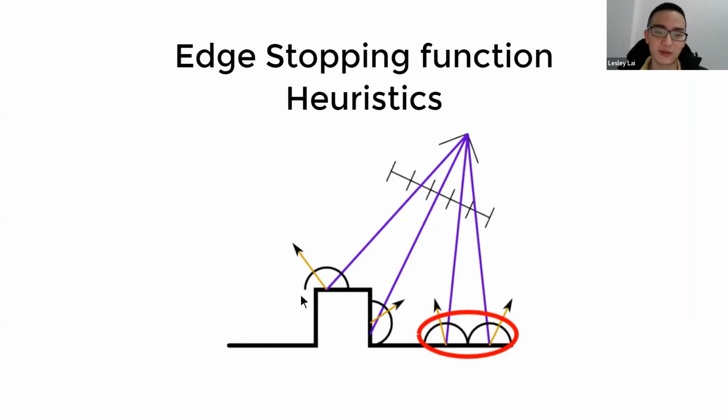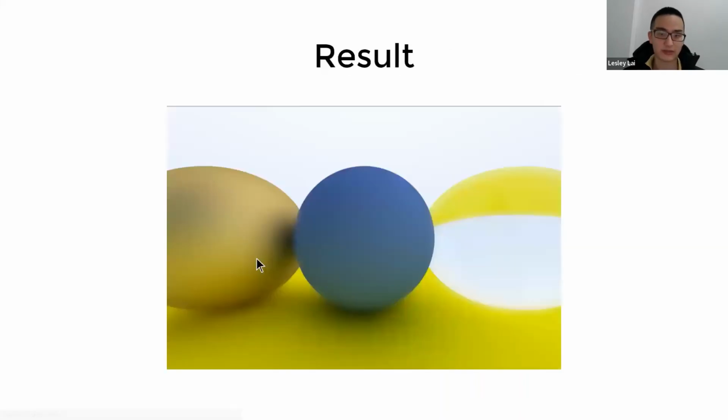So even though the normals of those two places are the same, the position is further away, so we also have an edge. In those two cases, we can't blur the image. So that's the heuristic for the edge stopping function. And as a result, we get this pretty nice image.